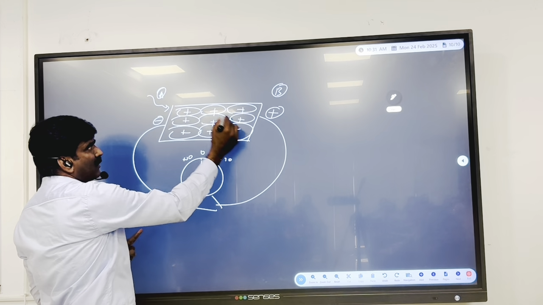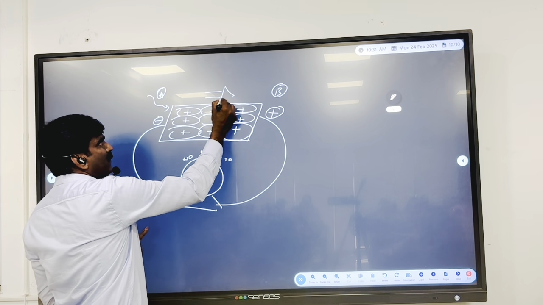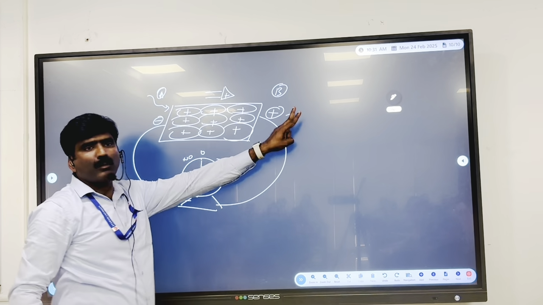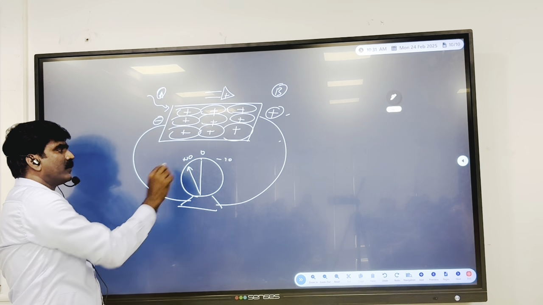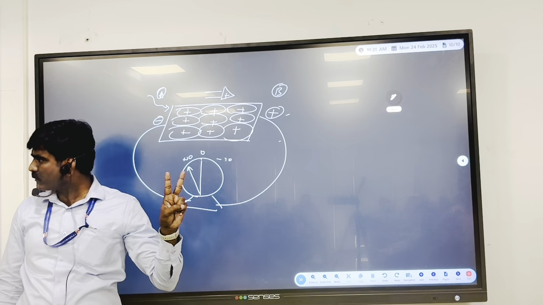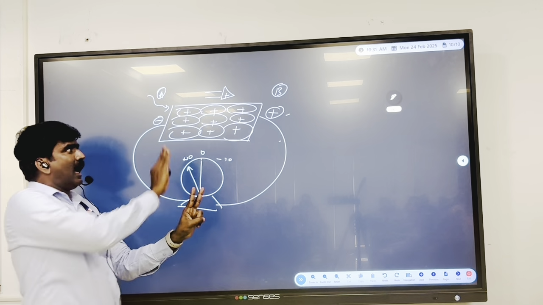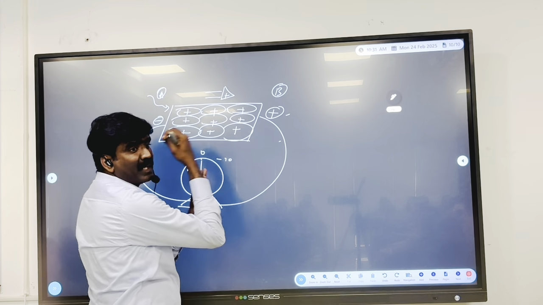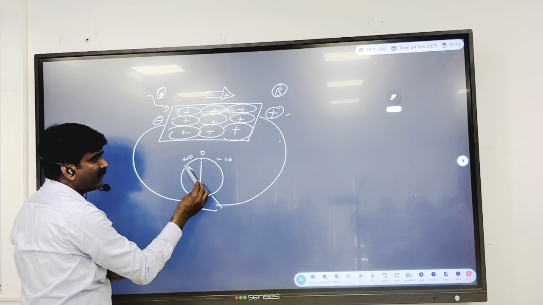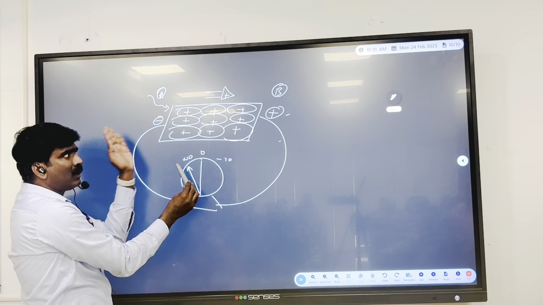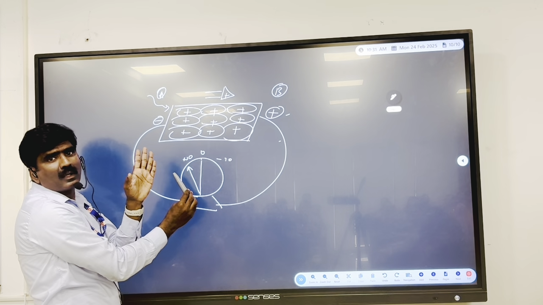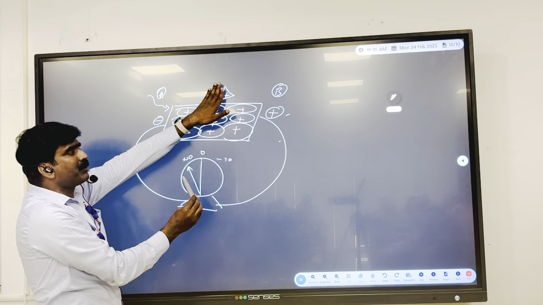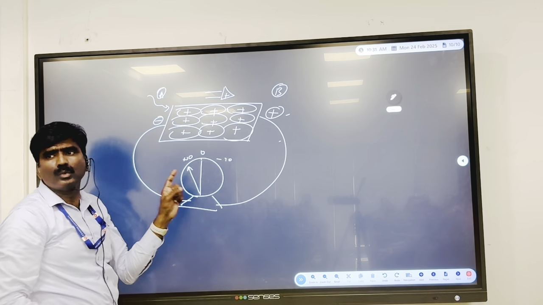The second cell and third cell will depolarize, and the positive vector is moving towards the positive electrode, so deflection will be positive. That is the second principle. When all the cells are completely depolarized, there is no current, and it will come back to zero.